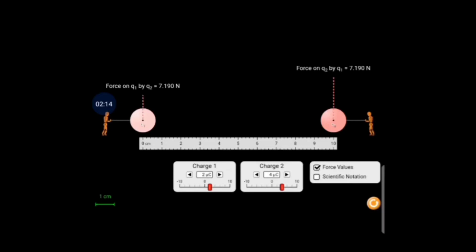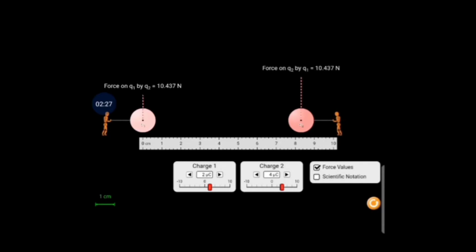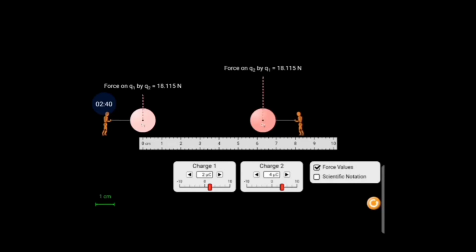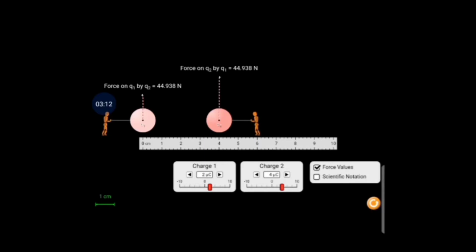Third, the force value for each distance was recorded. Table 1 was filled by finding R squared and 1 over R squared.